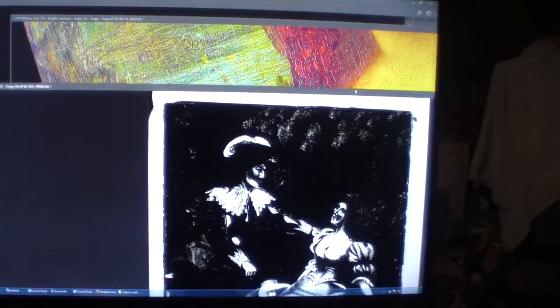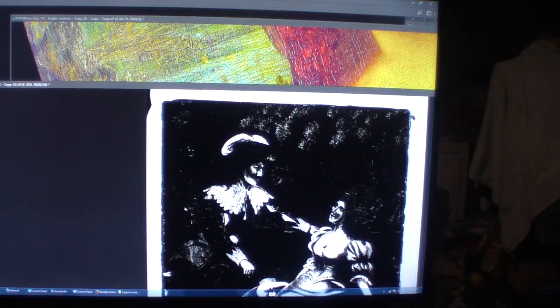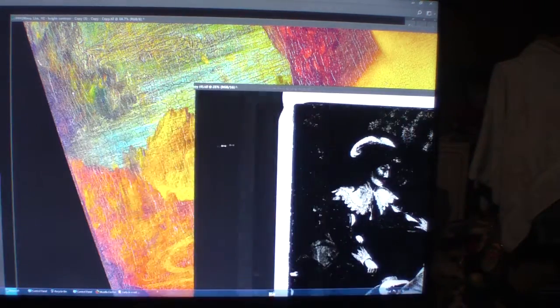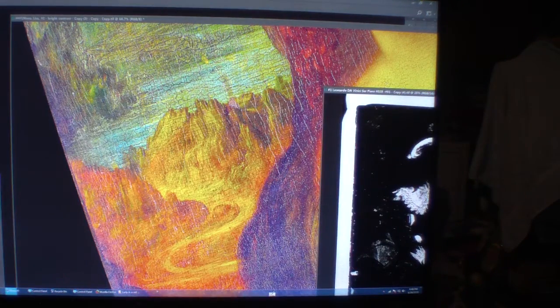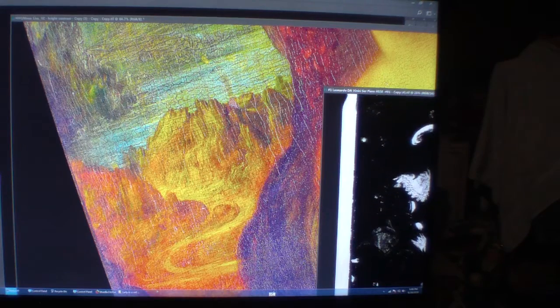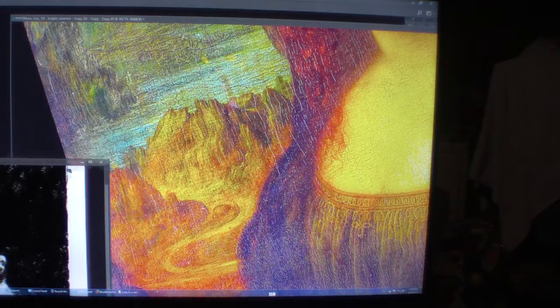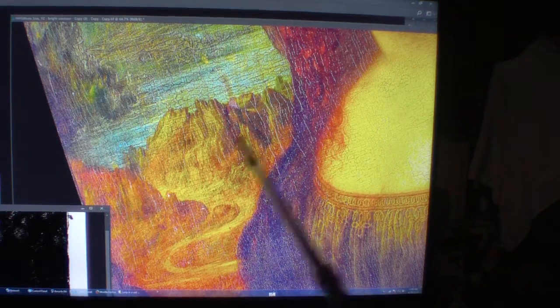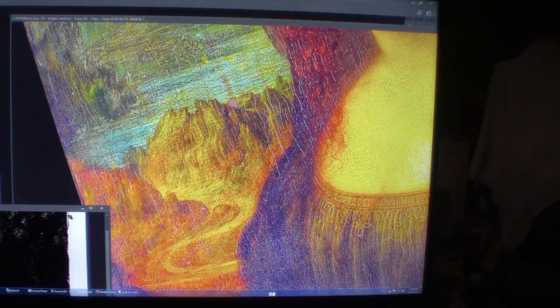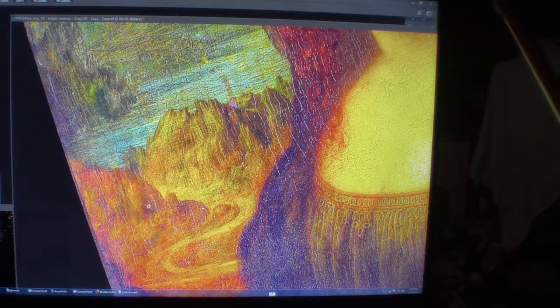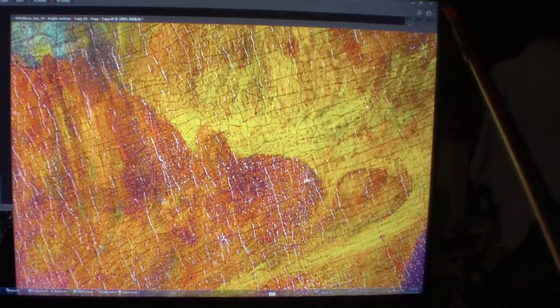Okay, but to show his hand, I'm going to close this down to make it easier for you to see his hand. Then I'm going to go to his hand, which is right here. I'm going to blow it up. That's where his hand was. Okay, that's his hand. That's his big hand hidden here.